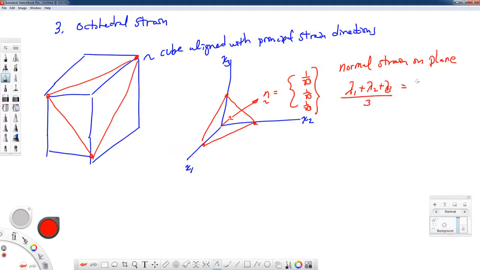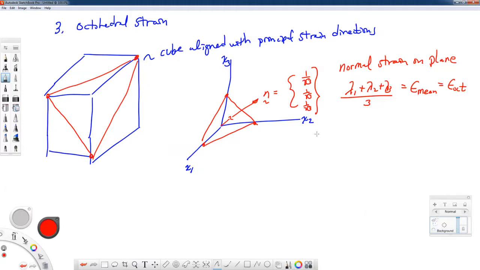That's the mean strain. And on that plane, that'll also be the octahedral strain. That's the extensional strain on that plane.